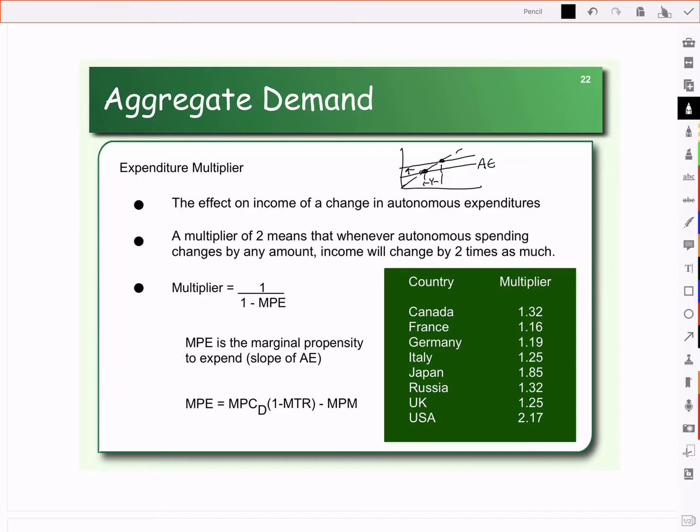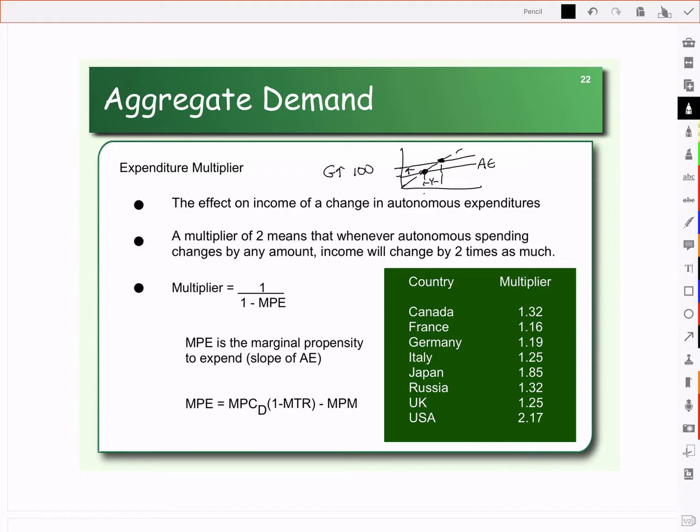This is what we call the spending multiplier. If you have a multiplier of 2, then however much you change autonomous spending, income will change by 2 times that amount. For example, if government spending increases $100, then we shift up aggregate expenditure by $100, and that changes the equilibrium.